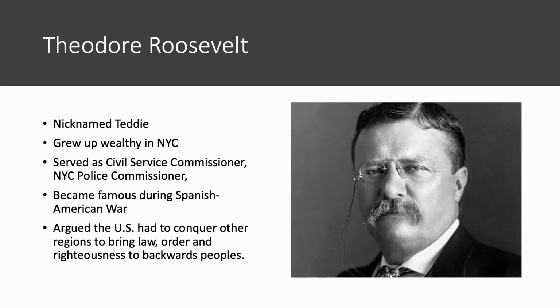And Theodore Roosevelt's main argument was that the United States had to conquer other regions in the world to bring law and order and righteousness to backwards peoples. So he is going to try to take control, especially within several Central American and South American countries.